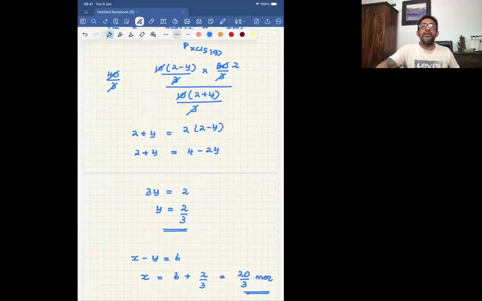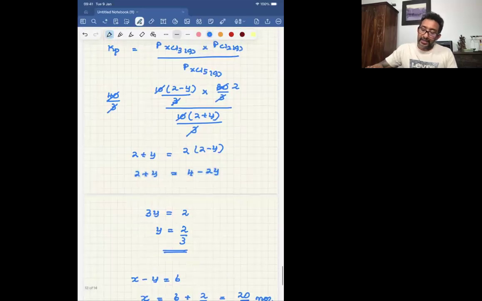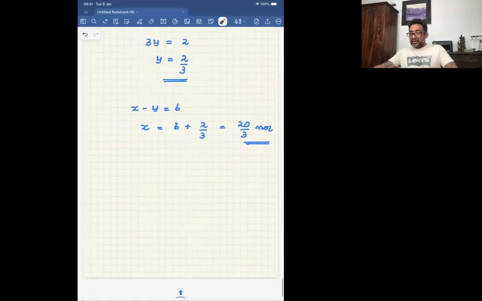Check whether you understood this. What is 2 plus y? I just did cross multiplication.